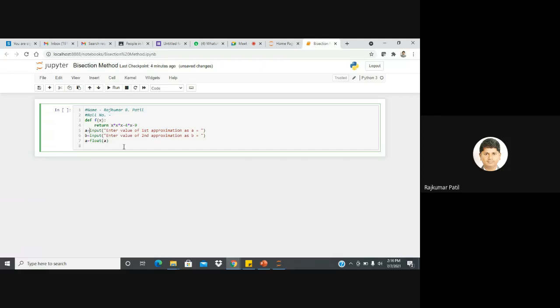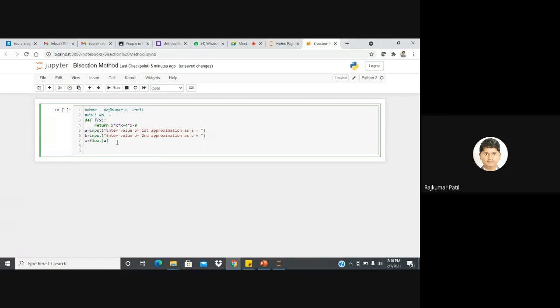Sometimes, students, you can also write float here, put a bracket, and this is how you can directly assign the data type, that is float in this case. So this is another way to write the program. There are n number of ways to write the program.